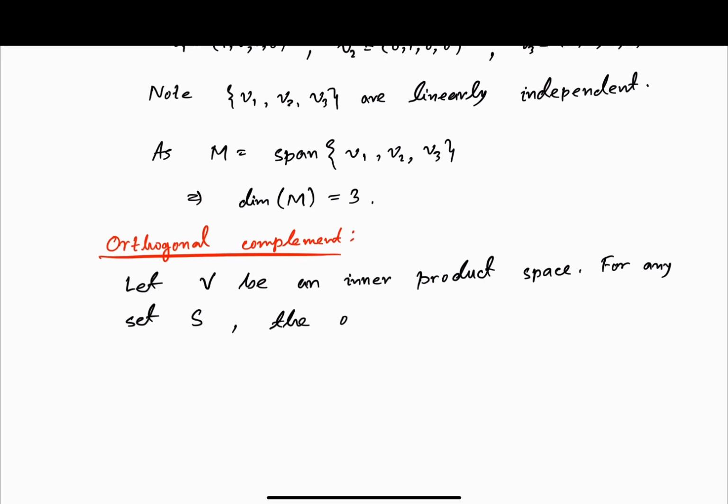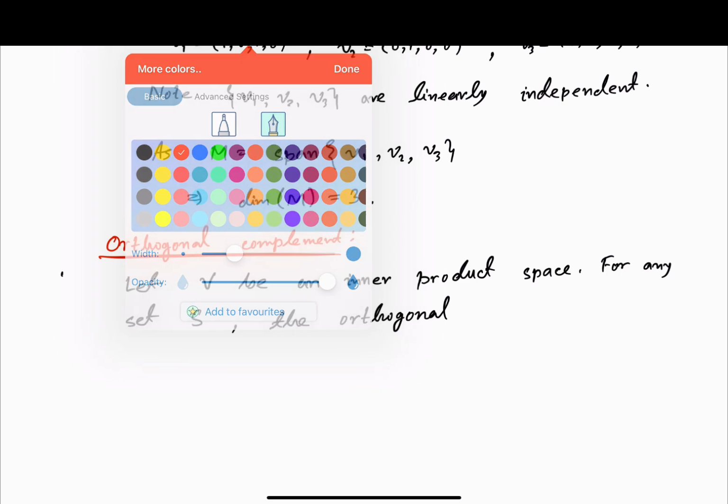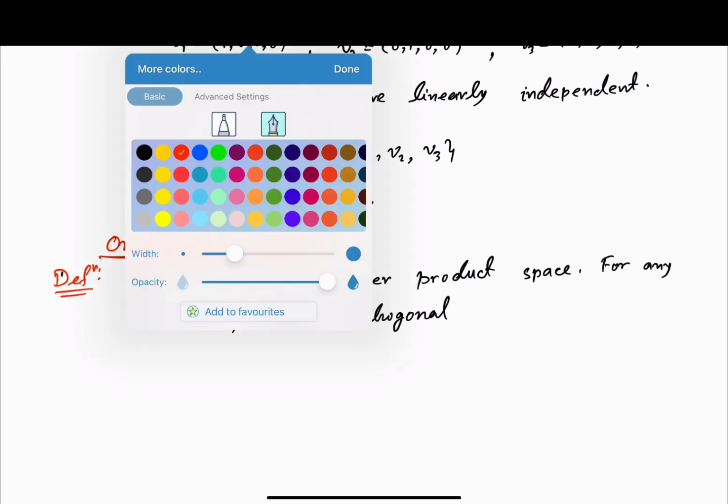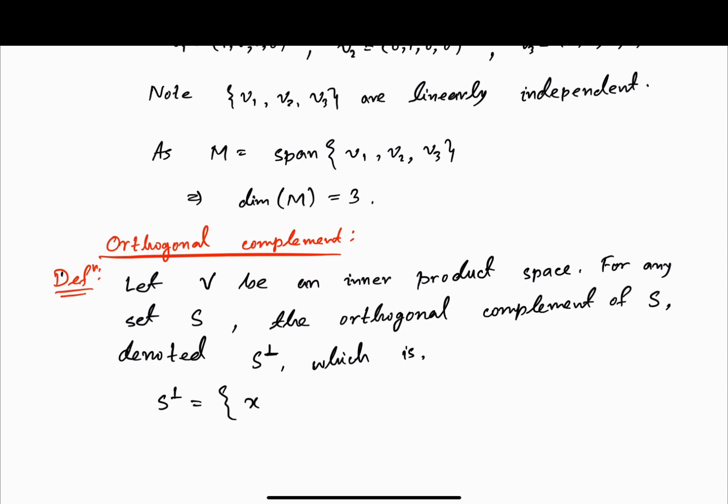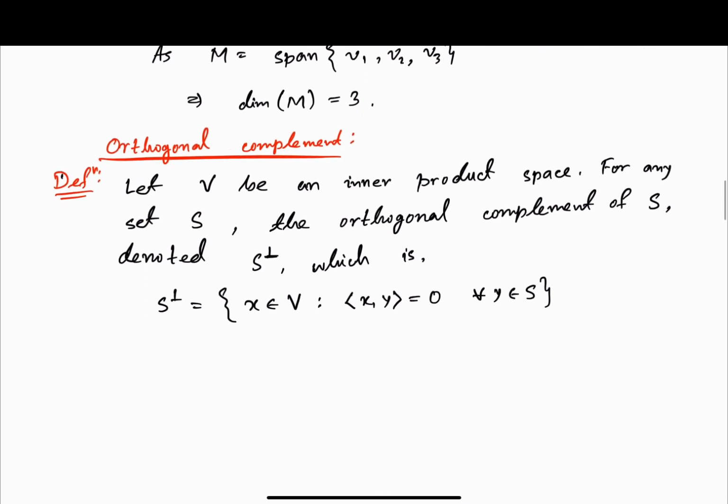The orthogonal complement of S, denoted S perp, contains all x in V such that the inner product of x and y is 0 for all y in S. One can easily check that S perp is always a vector subspace of V, whether S is a subspace of V or not.